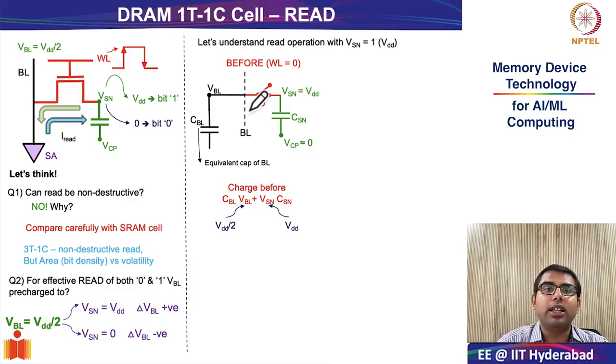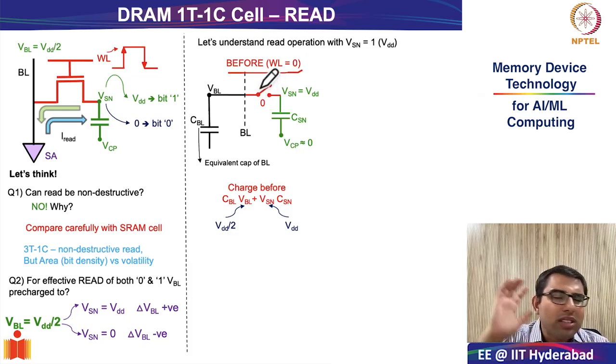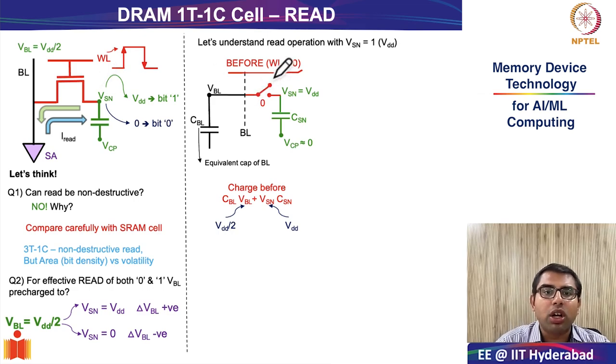As we had discussed, before we switch on, the word line is 0. So you can consider for an ideal case that this switch, which constitutes the NMOS access transistor, is off. Now remember, the voltage on the bit line is VDD by 2, and for the case VSN equal to VDD, the voltage on the storage node is VDD.